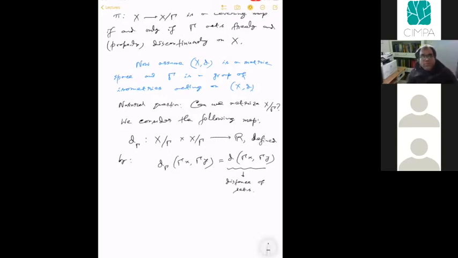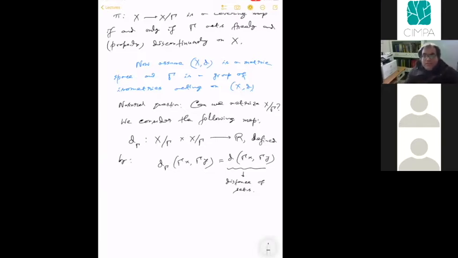I hope everybody knows metric spaces: if you have a metric space, you can also define a distance between two sets by taking the infimum distance over all points. So here we are taking that distance.